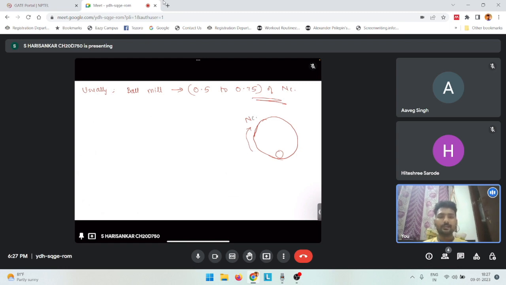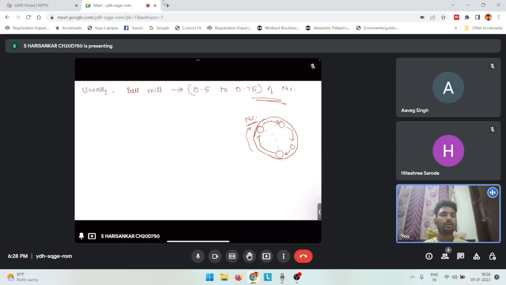So at critical speed, instead of going here and falling down, this ball will just keep rotating. That means it gets carried over by your ball mill because of the centrifugal force that occurs inside the ball mill. So this speed is called the critical speed of the ball mill.